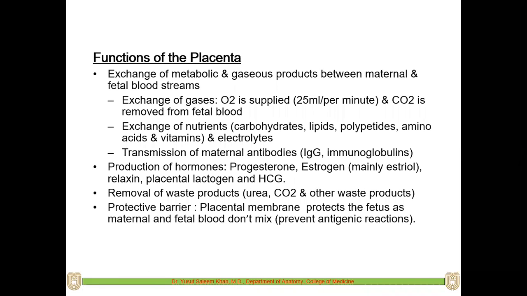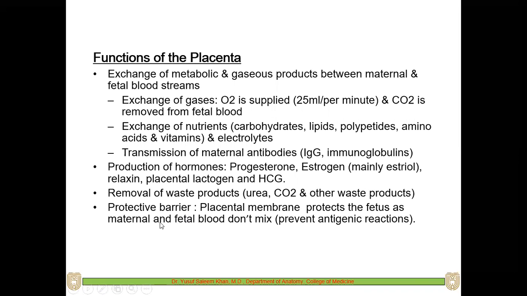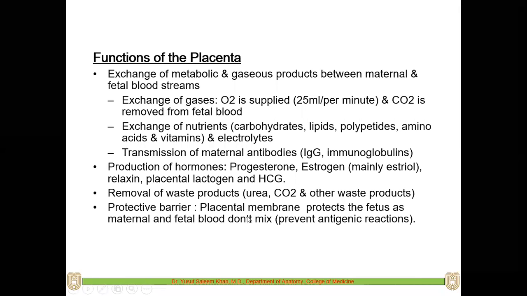Then it also has a protective barrier, also called the placental membrane or the barrier. So what is this barrier? The barrier protects the fetus, as the maternal and fetal blood do not mix.